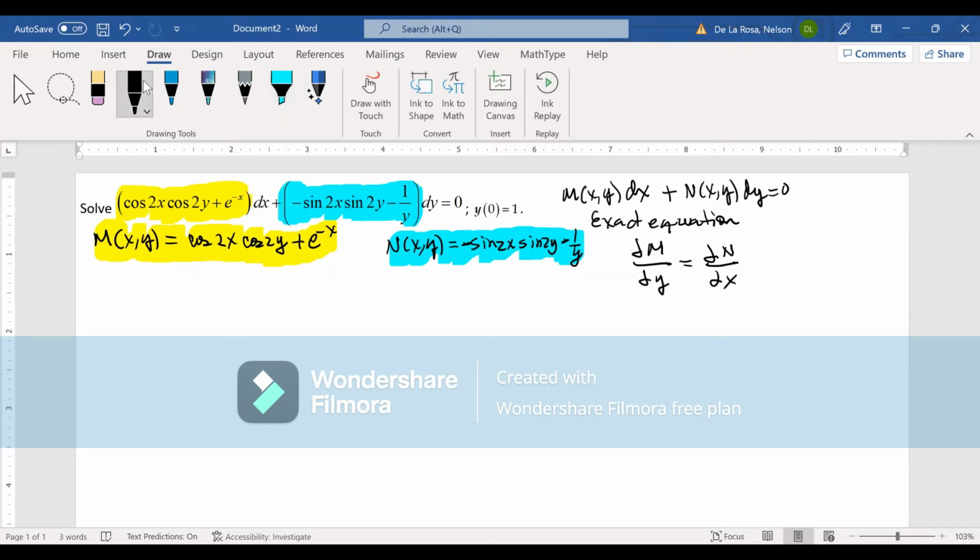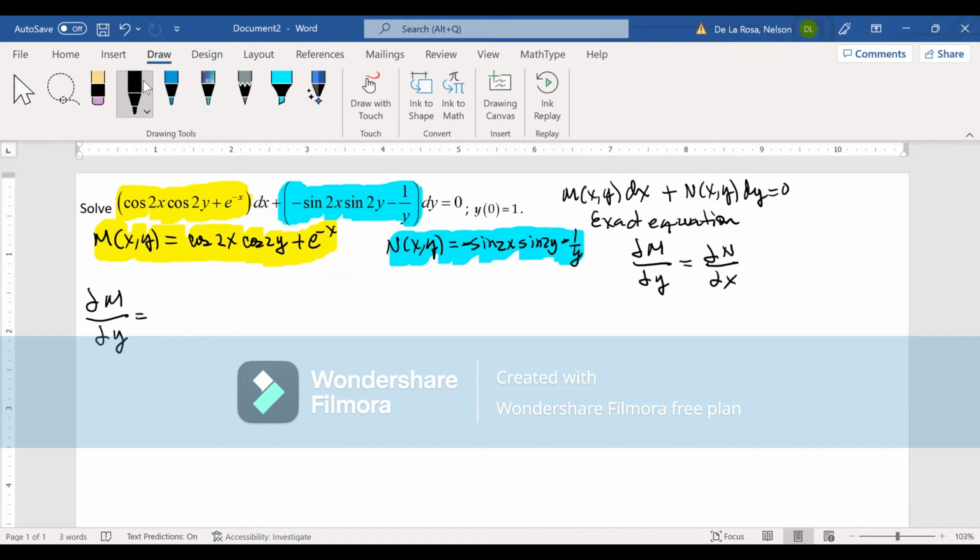So it is time to find the derivative of M with respect to y and the derivative of N with respect to x, and then check if these two derivatives are the same. Since this is a partial derivative with respect to y, x is going to act like a constant.